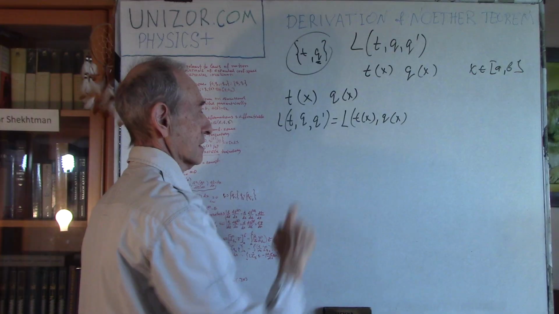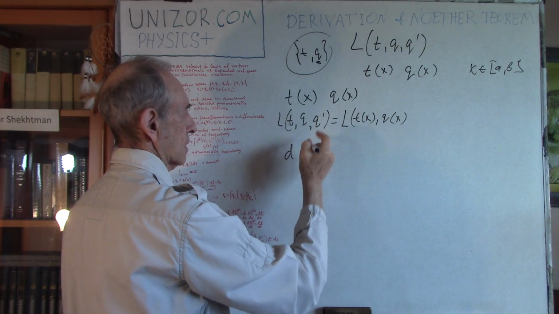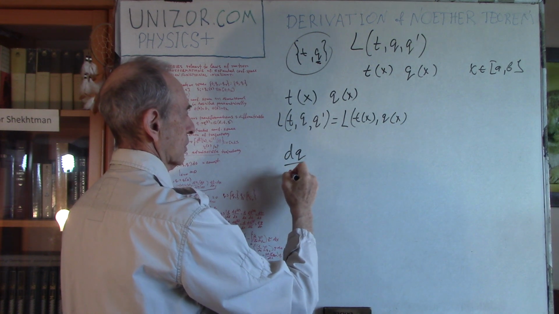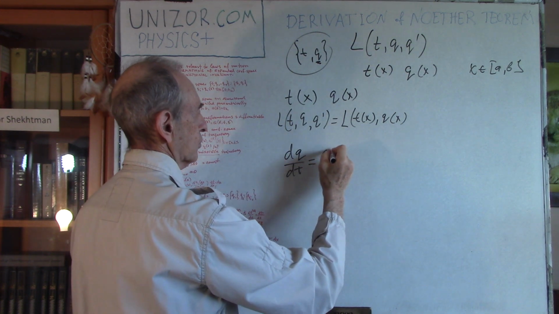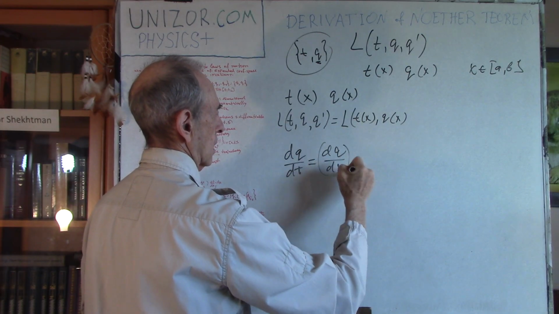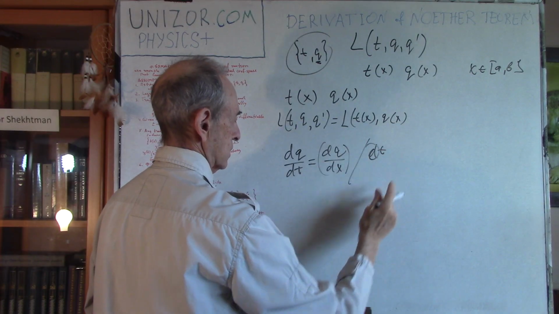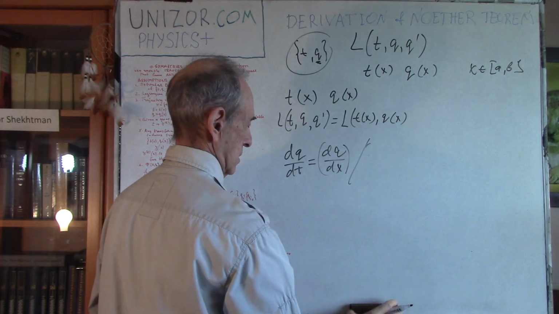Now, this is a little bit difficult. So what is q'? It's a time derivative, right? But I can put it as dq by dx divided by dt by dx.